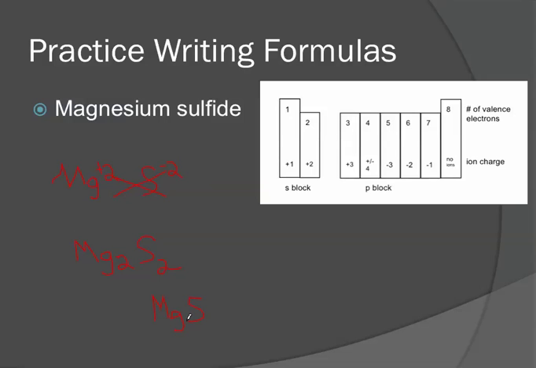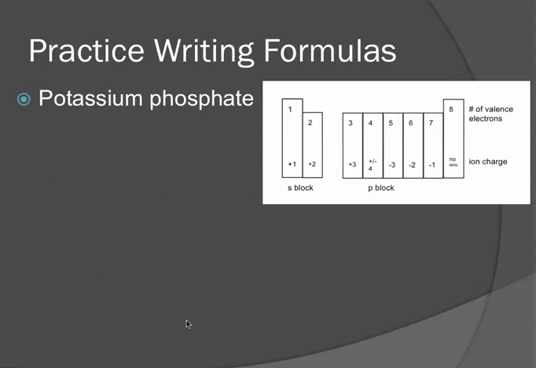Let's do another example. Potassium phosphate. Look at that name. Phosphate has to be a polyatomic ion. It doesn't end in IDE. So you can look at your polyatomic ion sheet. Potassium is in group 1, so it has a charge of +1. And phosphate on your polyatomic ion sheet is PO4 minus 3.